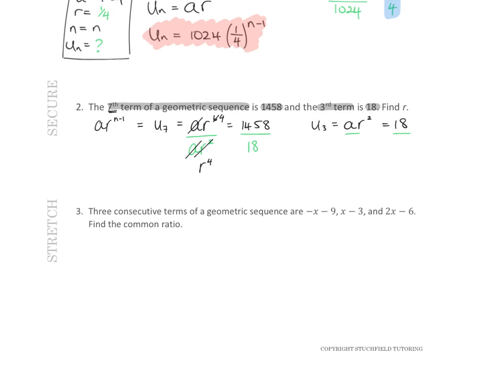So r to the 4 equals, and then I can simplify that fraction, which is 81. Now to find r, fourth root, so r equals 3. So solving simultaneously, using those mini formulas to arrive at my answer.